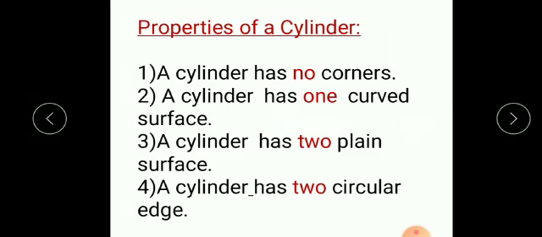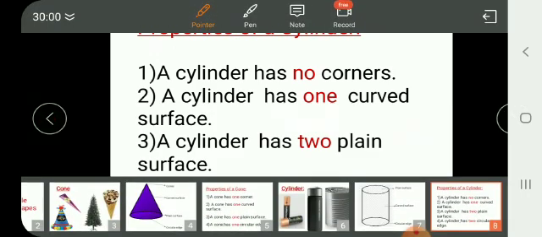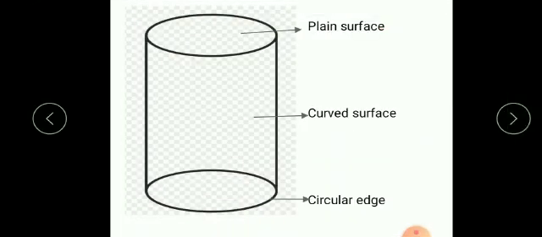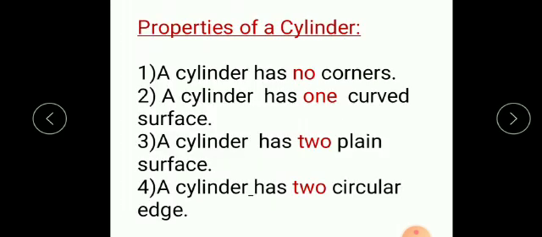Now let's see how many plane surface are there. See here, this is first plane surface and this is second plane surface. First at the bottom and another at the top. So how many plane surface are there? 1 and 2. In cylinder, 2 plane surface are there.